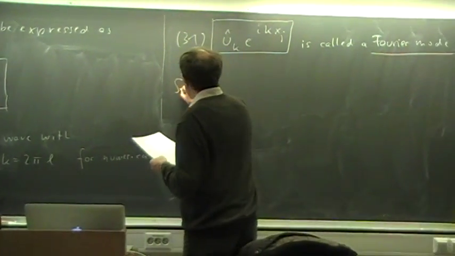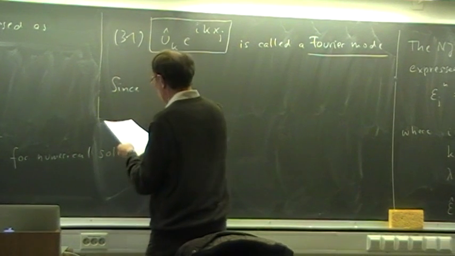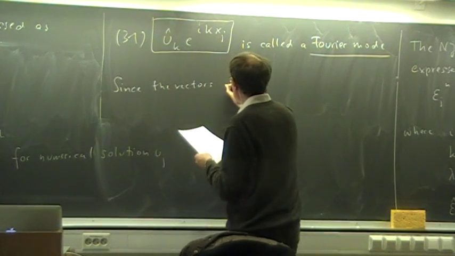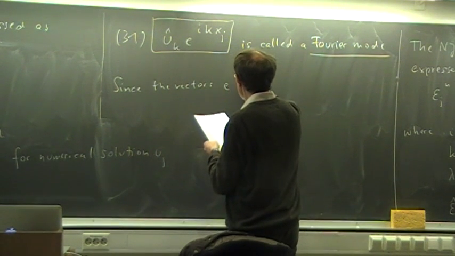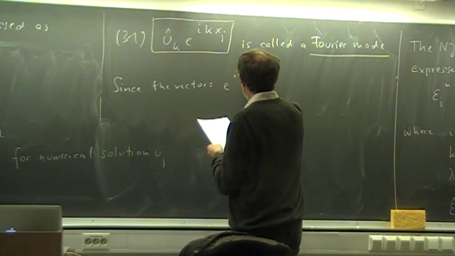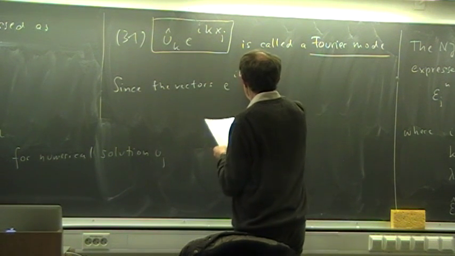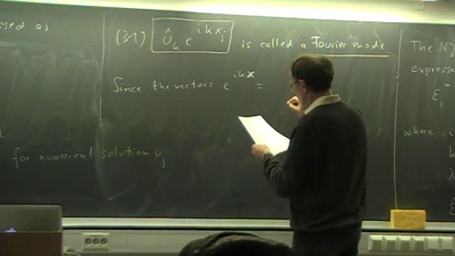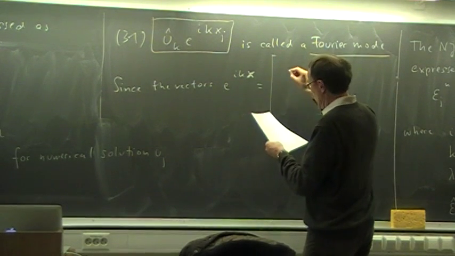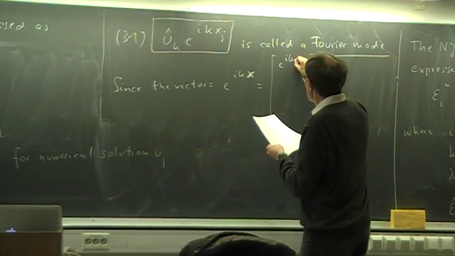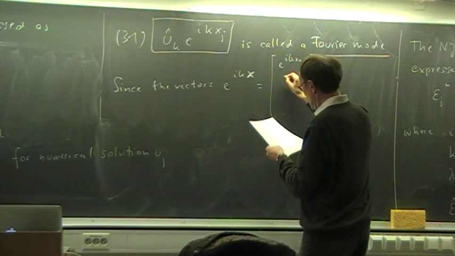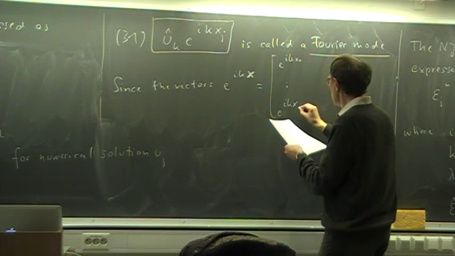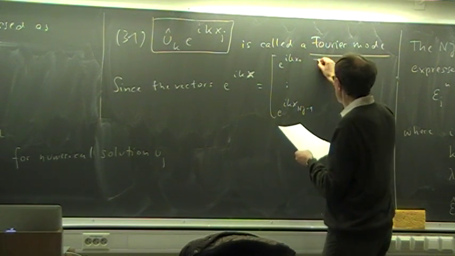So now we make the following argument. Since the vectors, I use the following notation, e to the i k x. X is now a vector, so it should be the capital, boldface X. And it means the following: e to the i k x0, and so on, to e to the i k x n_j minus 1.